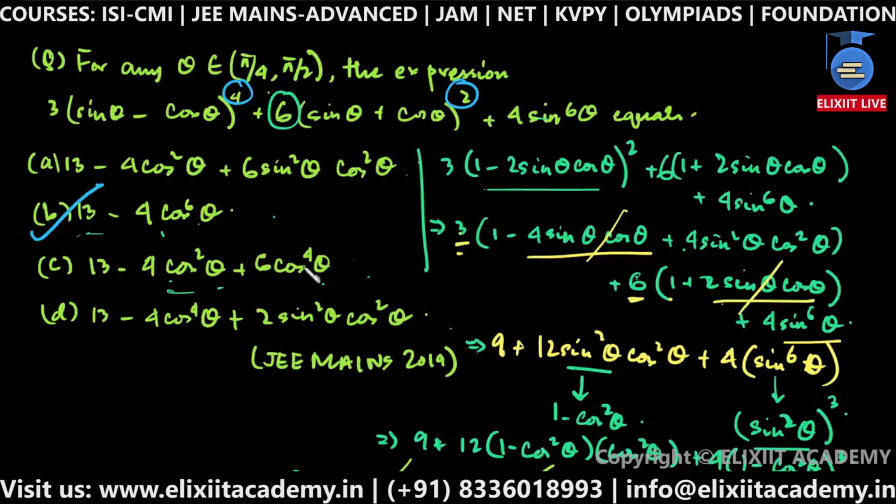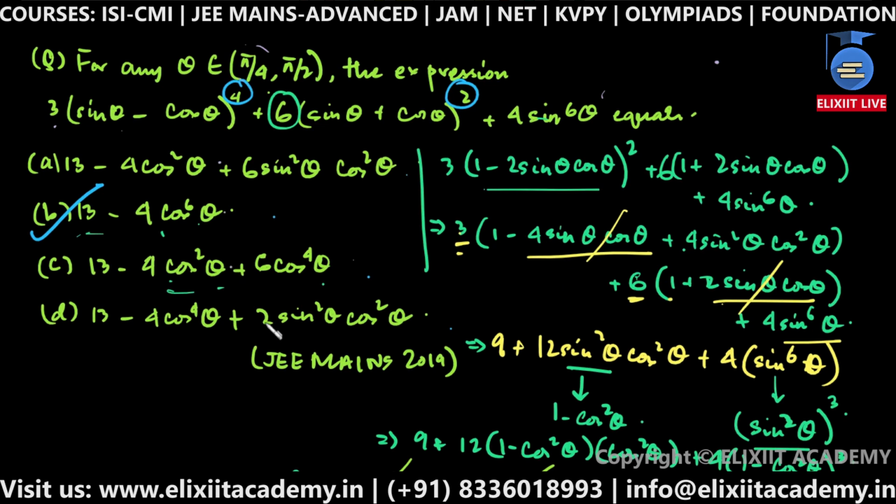Simply put theta to be pi by 4 and simplify this expression, 3 sin theta minus cos theta whole to the power 4, and all these expressions you are going to simplify. You will get some value. And similarly, you will take theta as pi by 4 and put it in each of these options.